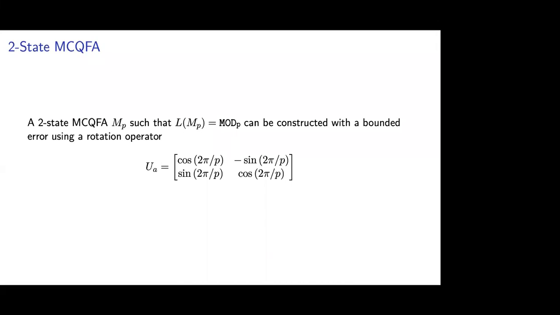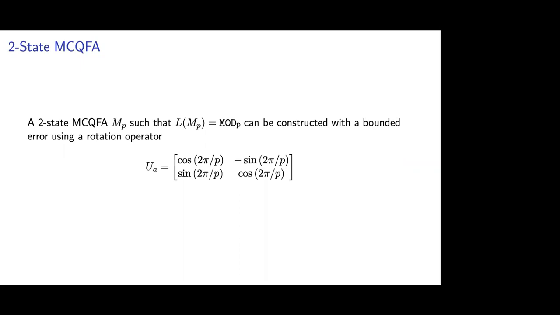So one thing you can notice is that with words that are multiples of p, we end up in the same 0 state, and since p is a prime, we never end up in an accepting state unless we have a word that is accepted.